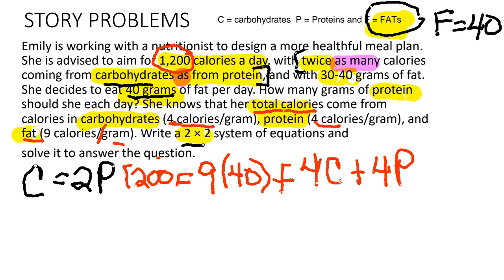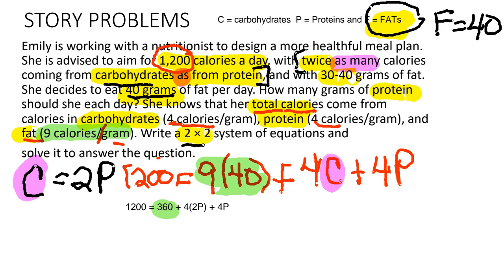Well, notice this C represents this C. I am going to have the equation of 1200 equals 360 plus 4 times 2P plus 4P. 360 comes from this phrase, 9 calories per gram.